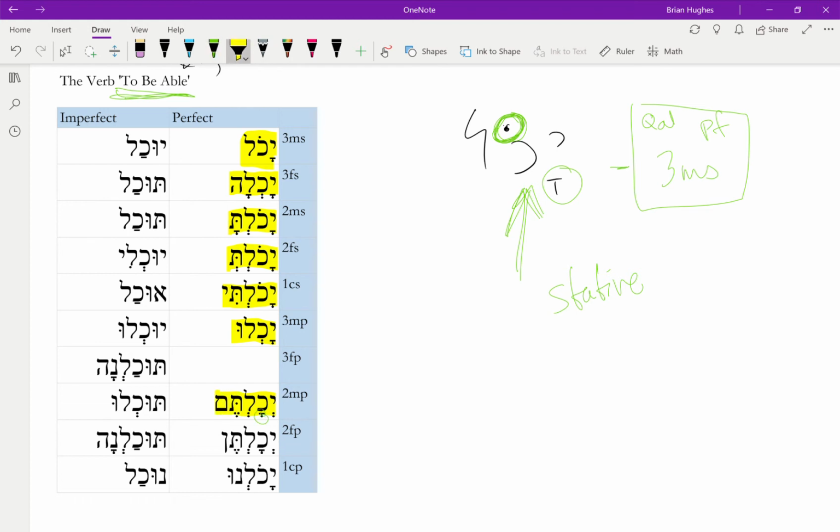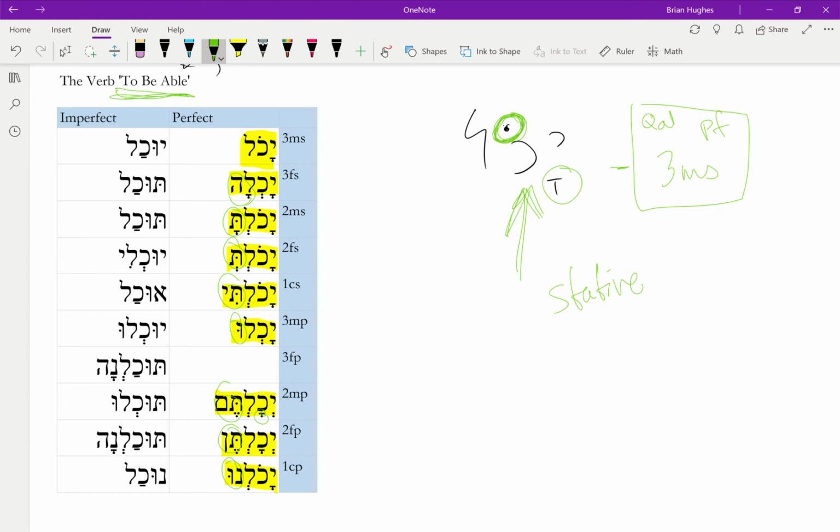Yacholtem, and then yacholten, and then yacholnu. Sorry about that. So we've got our standard suffixes here, so nothing strange about that.